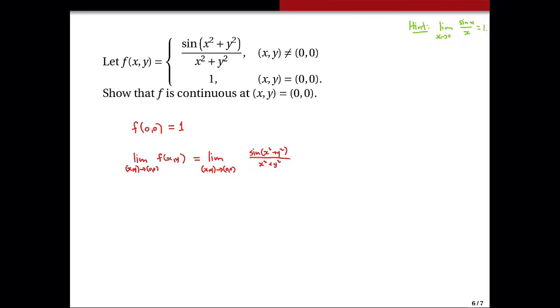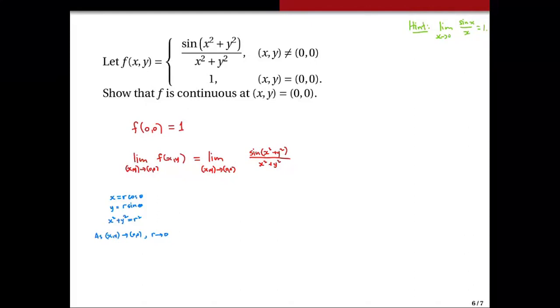If you convert this to polar form, let's see, you can have x equals r cosine theta, y equals r sine theta, so that x squared plus y squared is equal to r squared. And in here, as the point (x, y) goes to (0, 0), the r also goes to 0.